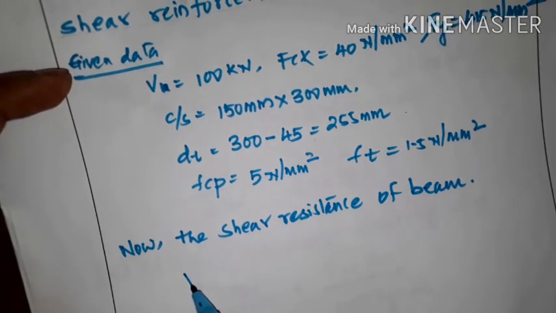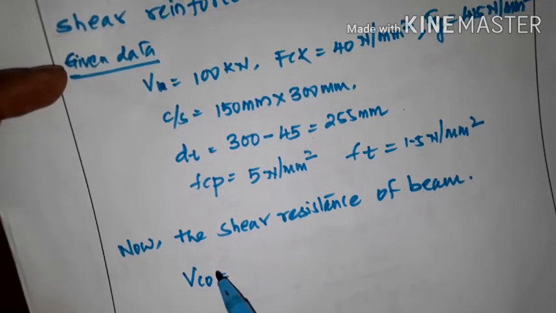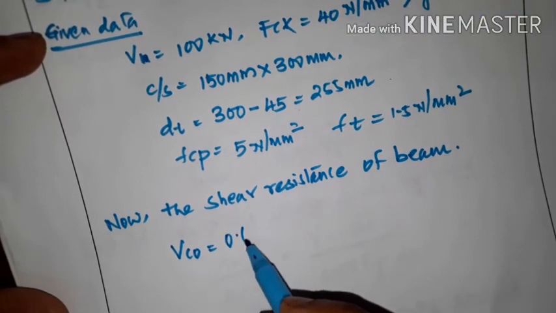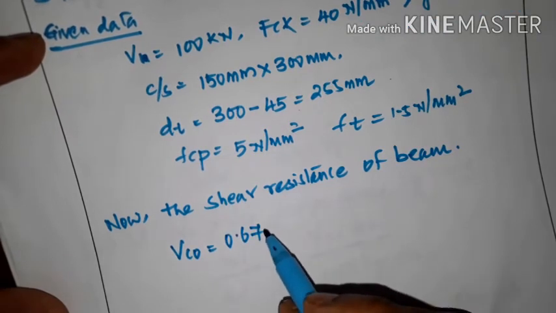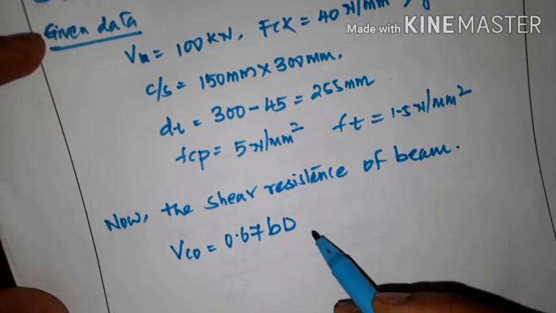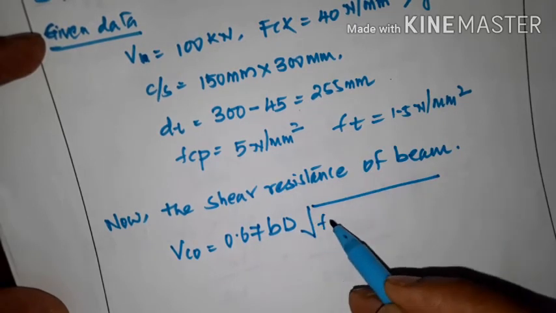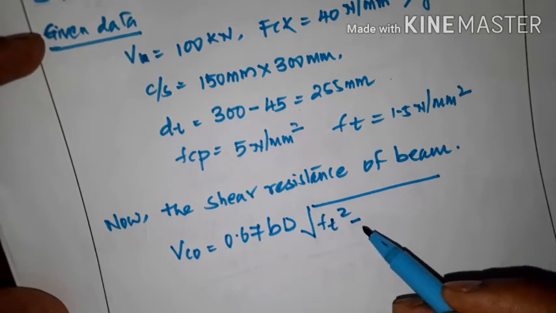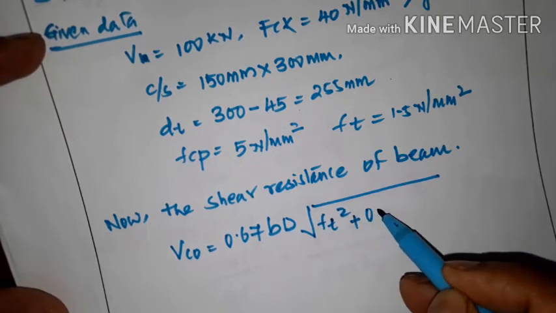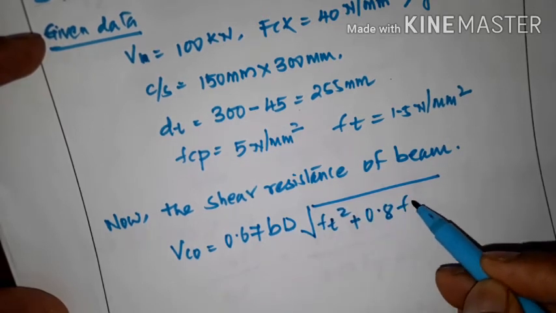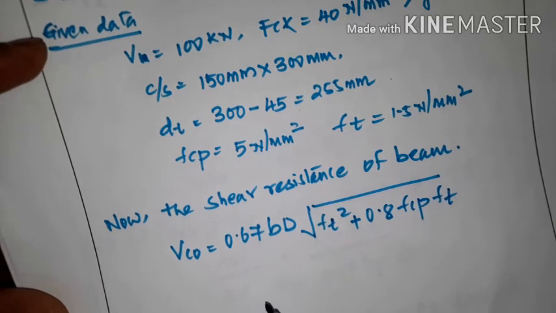So that is VCO is equal to 0.67 BD square root of Ft square plus 0.8 FCP into Ft. Okay.